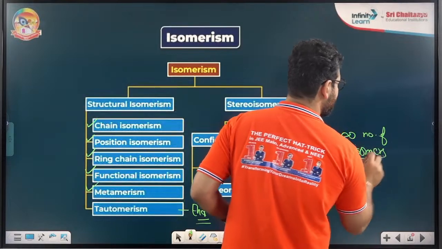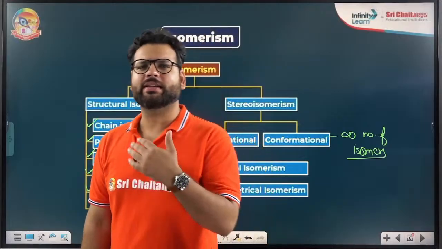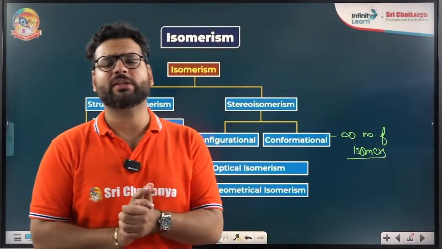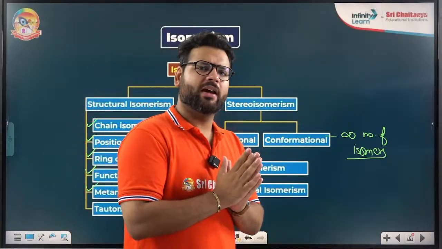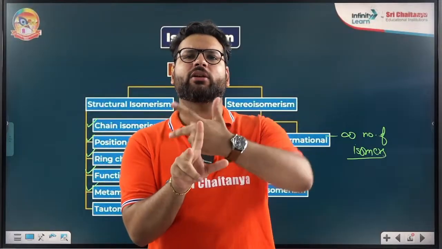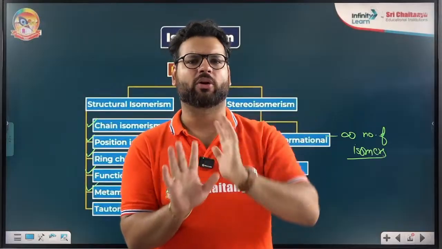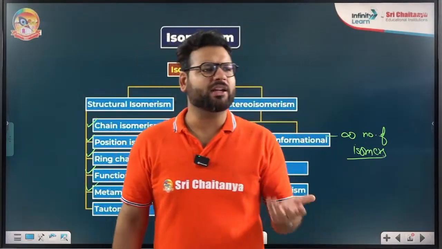We don't have to study conformational isomerism as of now. In the alkane chapter you will study it anyway. Conformational isomerism is when the spatial arrangement of groups is different and they keep interconverting because of free rotation through a carbon-carbon single bond. Like if I take ethane, does ethane show isomerism?